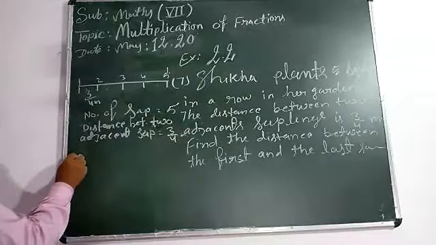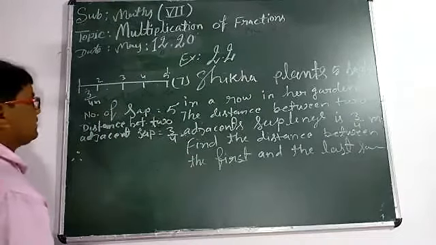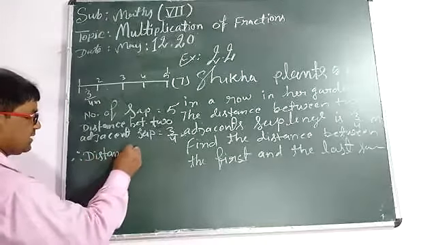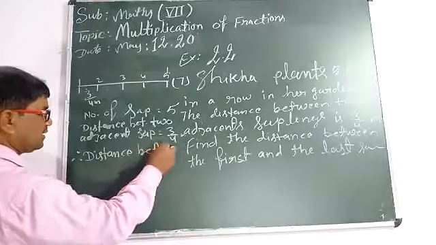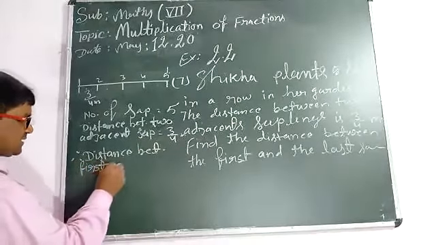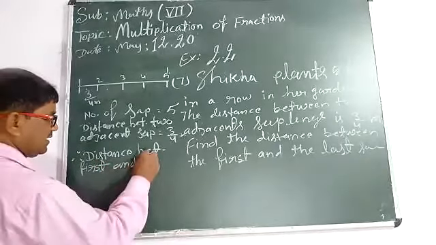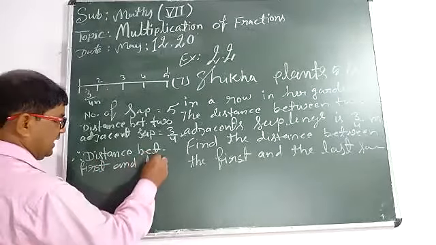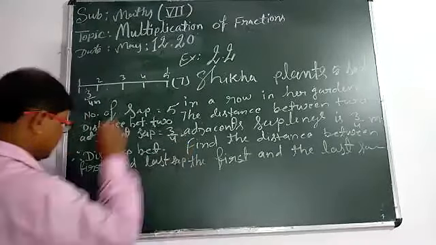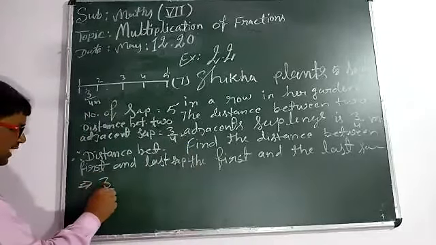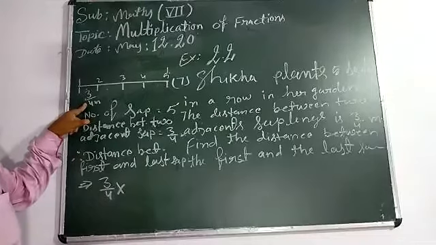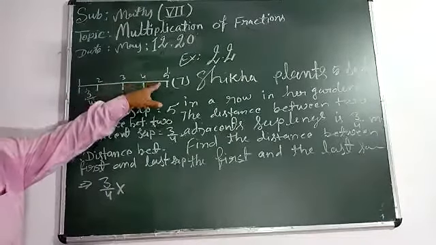So the distance between first and last sapling equal to 3 upon 4 multiply 1, 2, 3, 4.